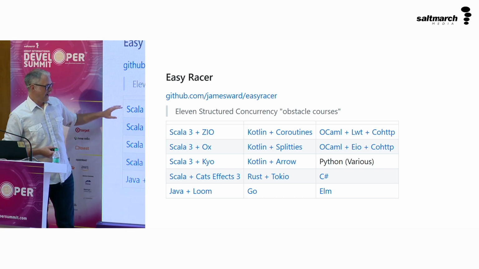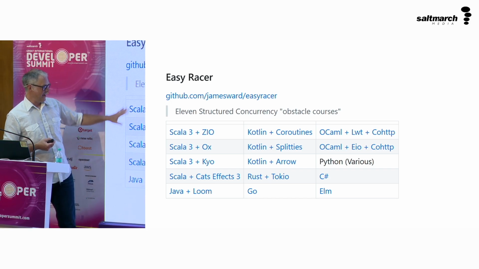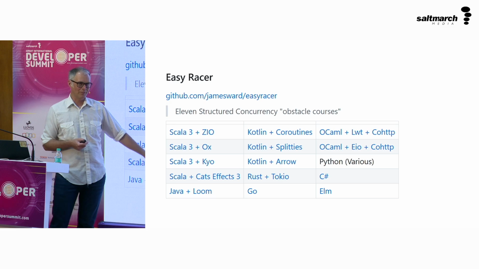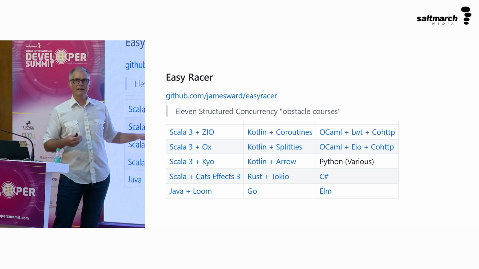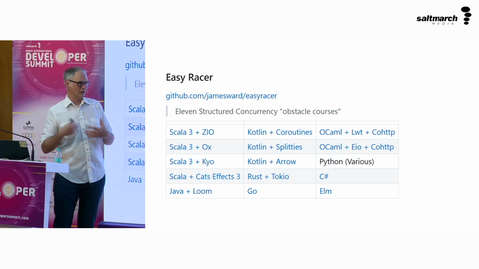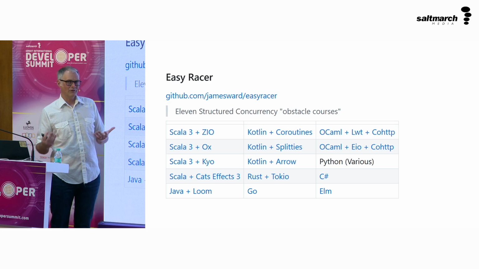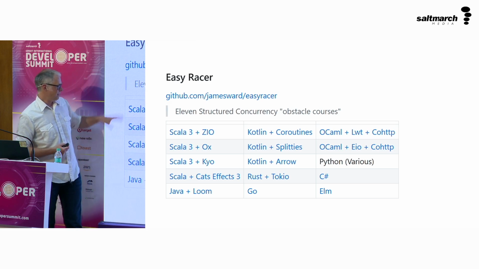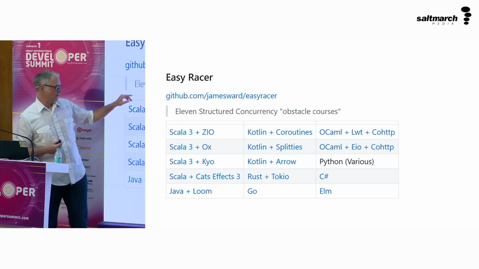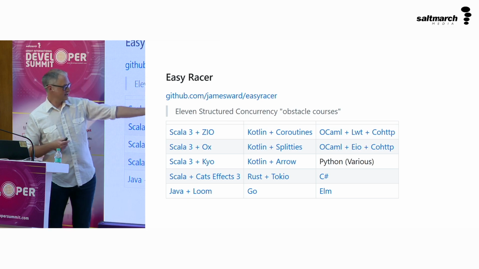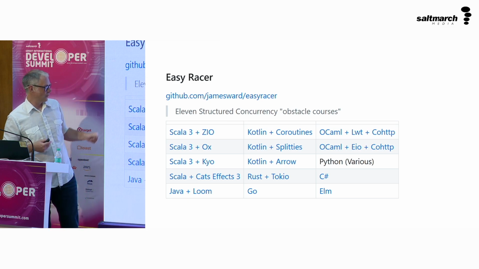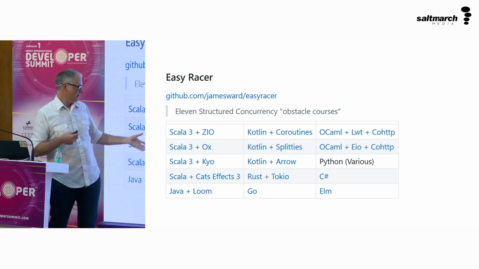And so this is the non-exhaustive list. I think we're up to 20-something different languages and frameworks showing how structured concurrency can be done. There's some Scala ones, a few Java ones, Kotlin ones. Somebody contributed some OCaml ones for me. There's Python ones, C#, Rust.